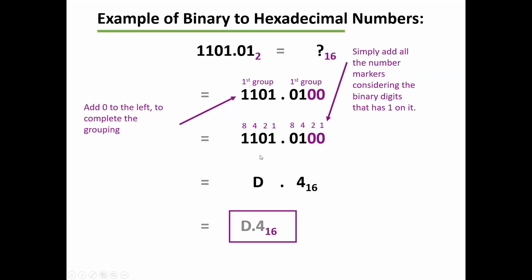And the letter for 13 is D. Ang naka-on sa second group sa ating fractional part ay 4. So 4 na. Pero don't forget the decimal period. Doon pa rin ang location ng decimal period. Kaya ang ating answer ay D.4. So pag kinonvert natin itong binary, ang hexadecimal part niyan ay D.4.